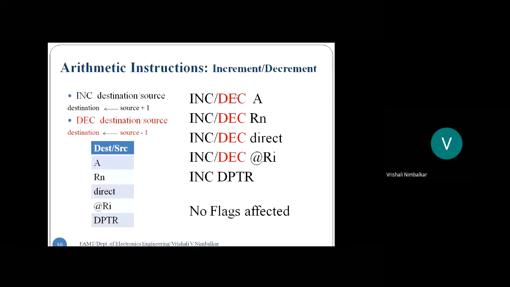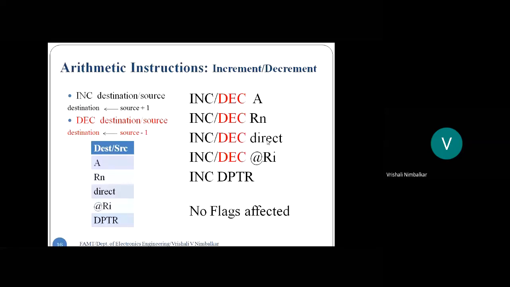So that's a 16-bit increment operation. Correct? Whereas look at the red color decrement, you don't have a 16-bit decrement operation. And remember this, students. So we have DEC A: data from the accumulator decreased by 1, that is subtract by 1, save back in the accumulator. DEC Rn: data from the Rn register decremented by 1, saved back in Rn. This is the source as well as the destination.